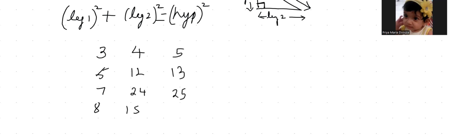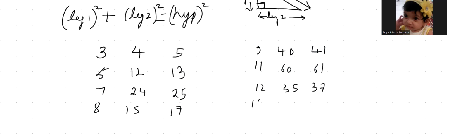Then you have 9, 40, 41. 11, 60, 61. It's very important, keeping your 9th and 10th in mind as well. 12, 35, 37. Then 16, 63, 65, 20, 21, 29.